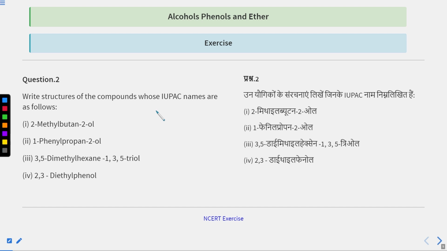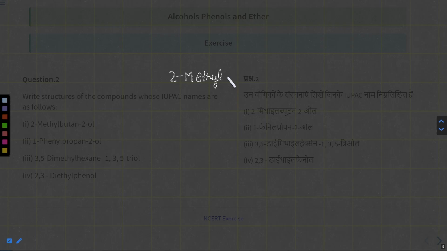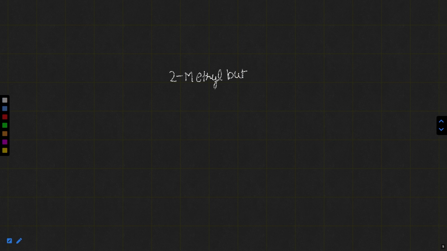The first name is 2-methylbutane 2-ol. So first of all, butane, therefore 4 carbons, 1, 2, 3, 4.